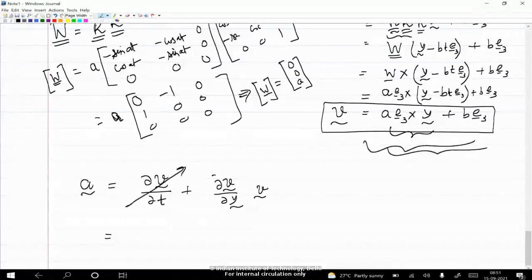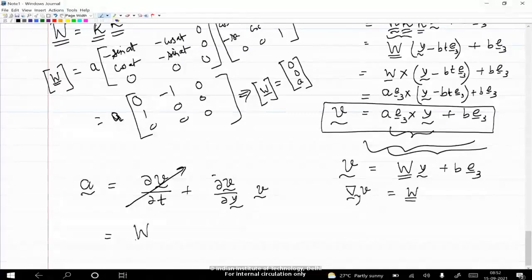The second term, we need del v del y. Here you could also see that this is same as w times y plus b e3, and therefore the gradient of v with respect to y is simply that w. So we can come back here and write that this is equal to w times v, which is the angular velocity w cross v.